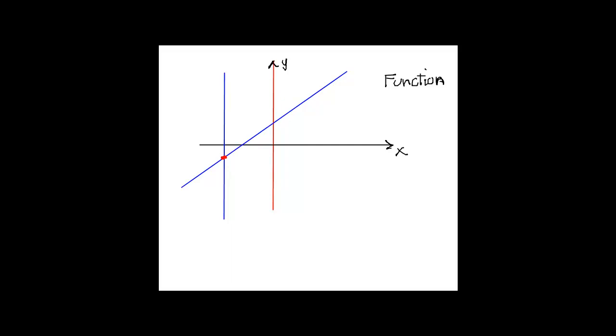Anybody can tell me what line is not a function if it's a straight line? There's only one straight line that is not going to be a function, and that line is what?